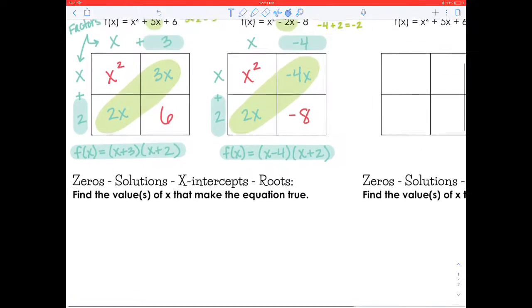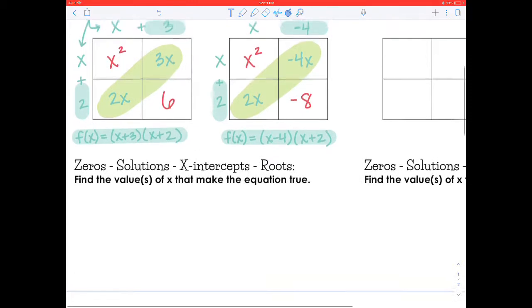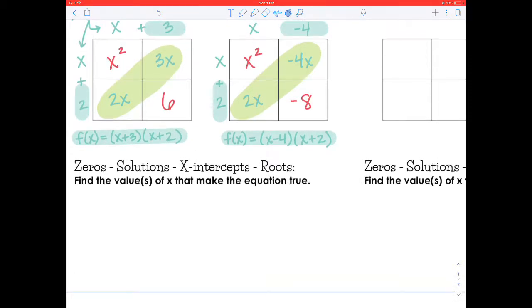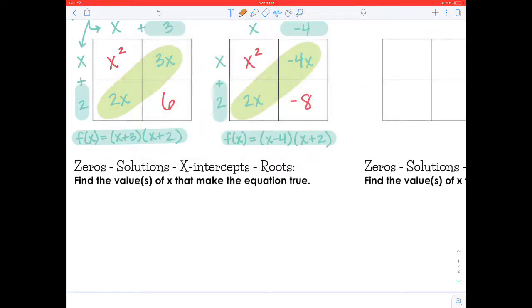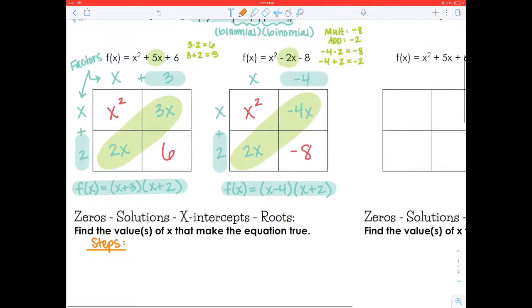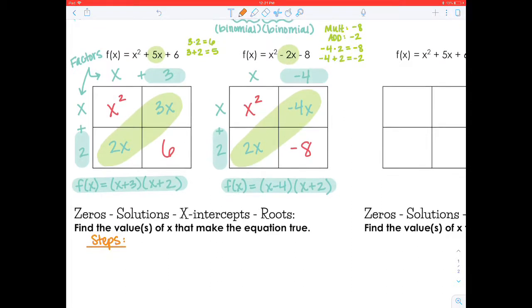Okay, we're just going to do this for the second one, and I'm going to write my steps off to the side here. So let's call this number 2.